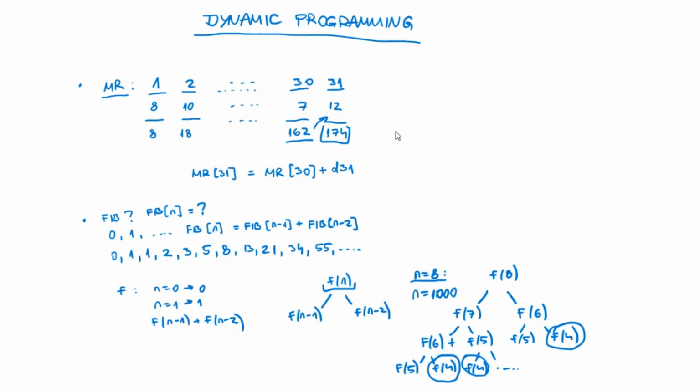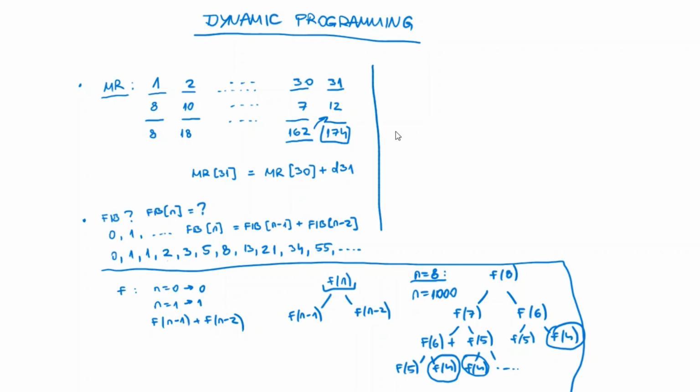So instead of applying this whole calculation, we can apply the dynamic programming approach. We can create only one array of n elements, and first element is 0, second element is 1.